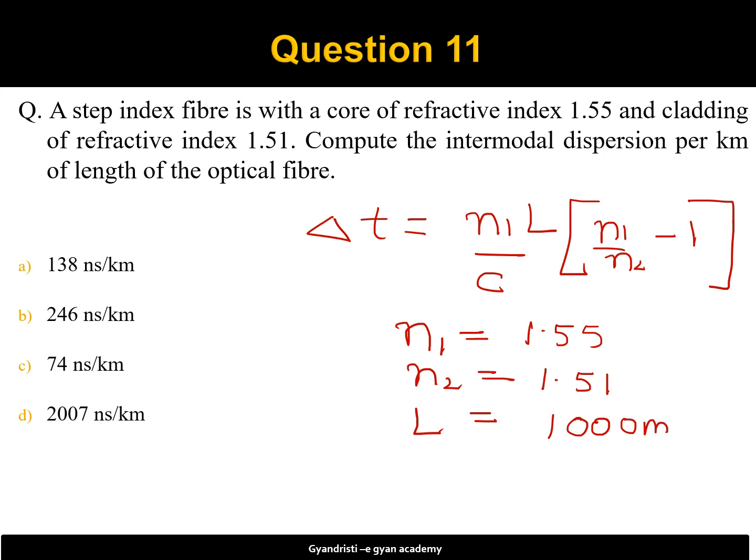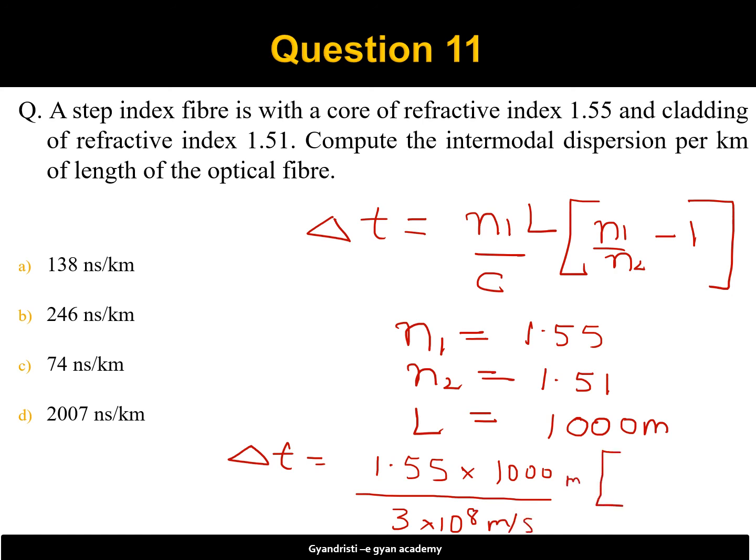If we substitute these values in this expression, we will get delta T is equal to 1.55 into 1000 divided by C, the light velocity, which is 3 into 10 to power 8 meter per second, into N1 by N2, that is 1.55 by 1.51, minus 1.